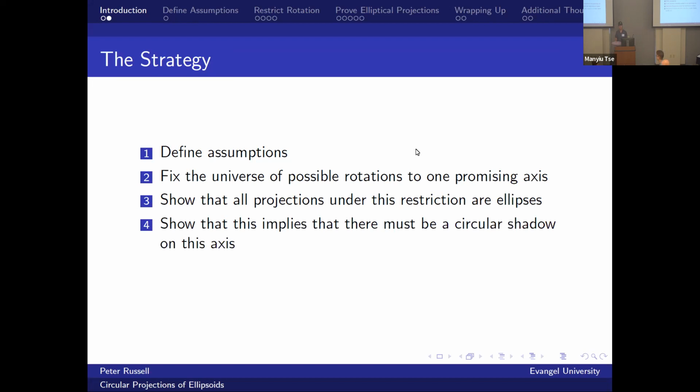And using the intermediate value theorem, we can show that there must be some angle through that rotation. And then we're going to show that this size circle is the only size circle you can possibly make using that particular ellipsoid. That's our goal.